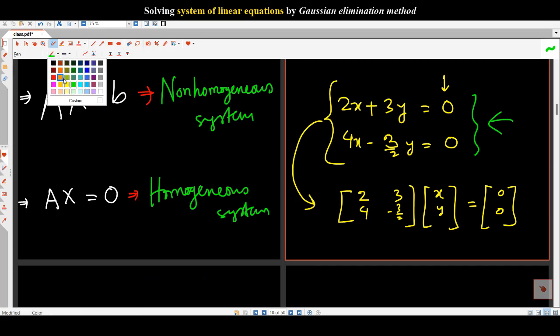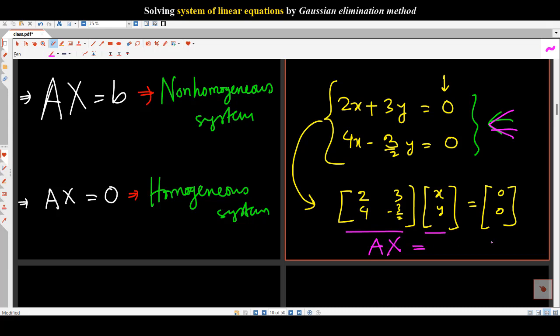So you can see this system has been converted to a matrix A, a solution set X, and the right side values that are only constants, there is no variables here, that is B. So this is our A matrix, coefficient matrix.